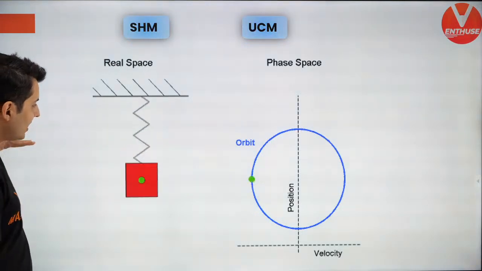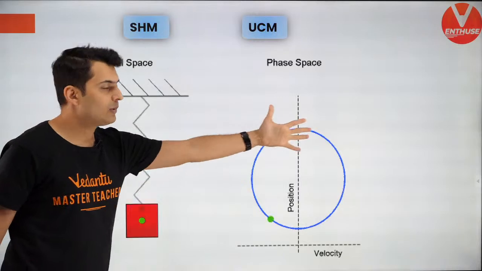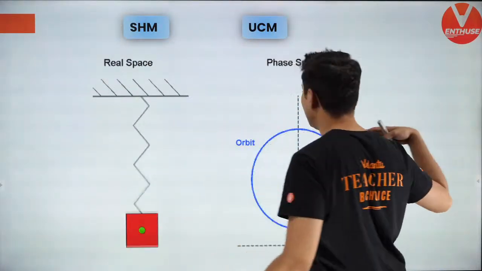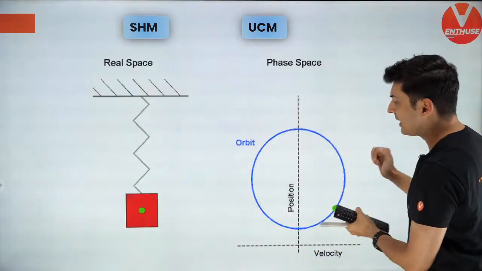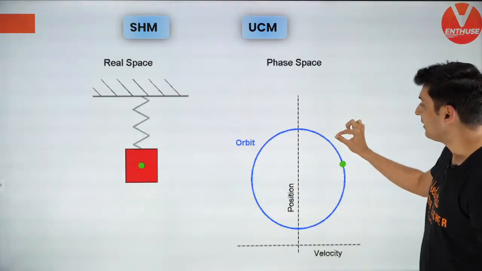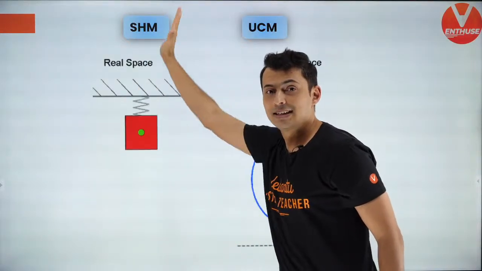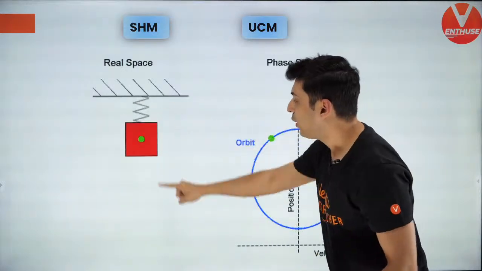If I have some rays of light coming from your left towards your right, or let's say from the right to the left, understand the shadow of this green particle on a wall which is here, the shadow of that green particle on this vertical wall will perform a SHM.